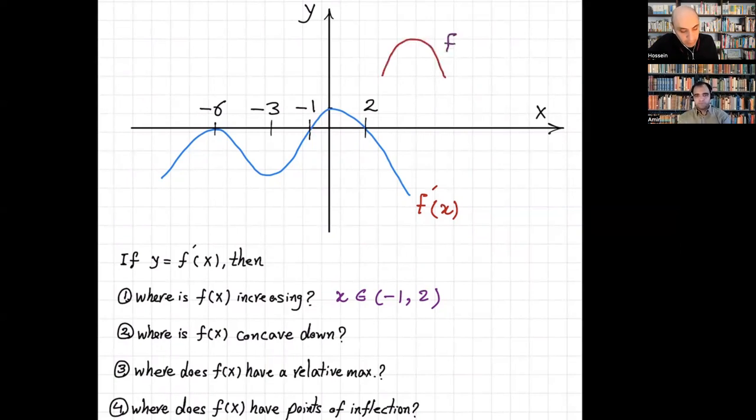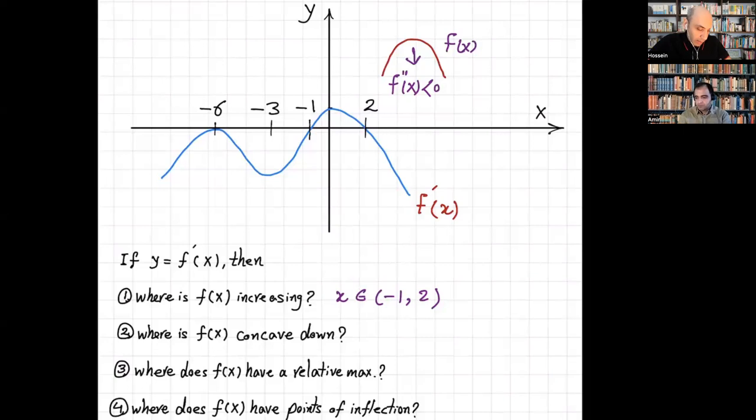This is my f of x, and it is concave down, so that means that the second derivative, f double prime of x, is negative. When the second derivative is negative, the function is concave down.